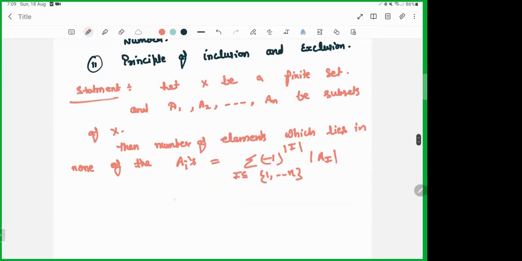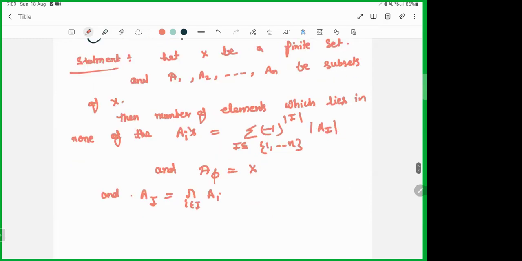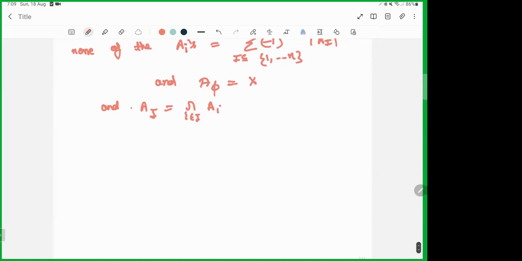A_empty is your full space X, and A_I is equal to the intersection over i belonging to I of Ai. So this is the statement of the principle of inclusion and exclusion.